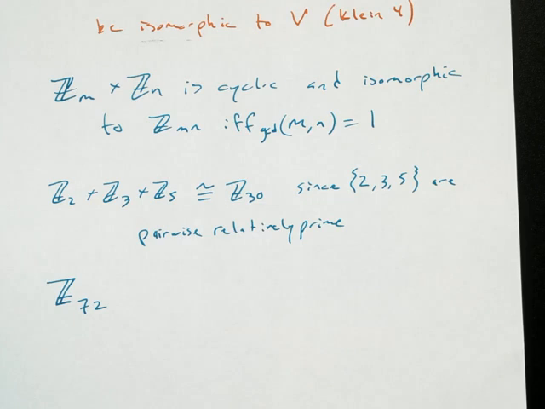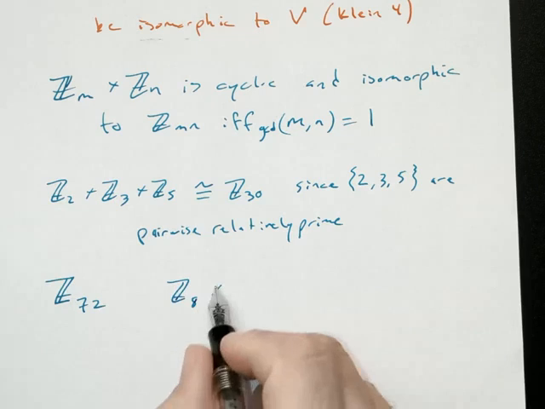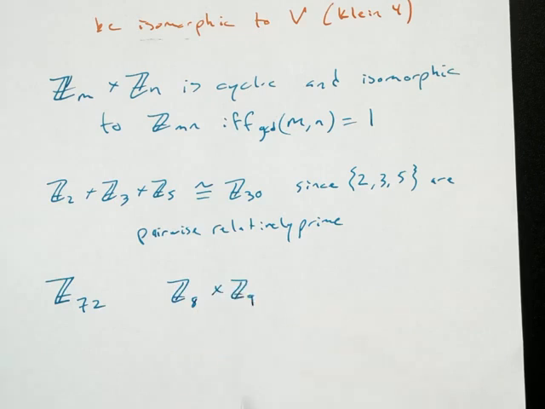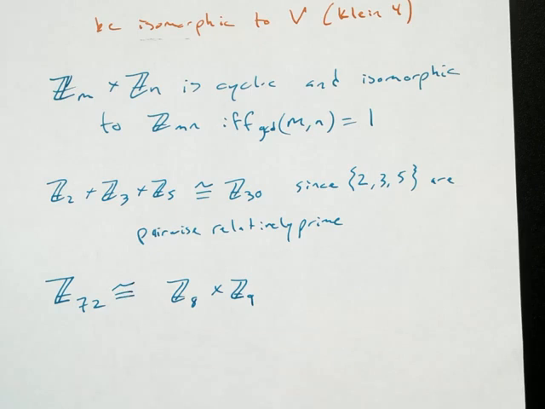But I could also say it's two circles, one with 8 and one with 9. And those are isomorphic. As a matter of fact, as long as I know the prime factorization of this number, I can write the product of groups.